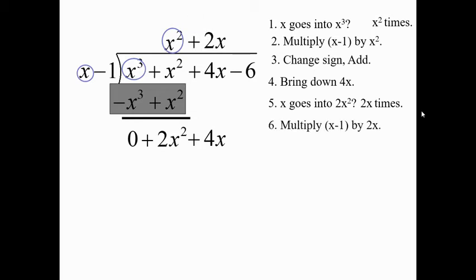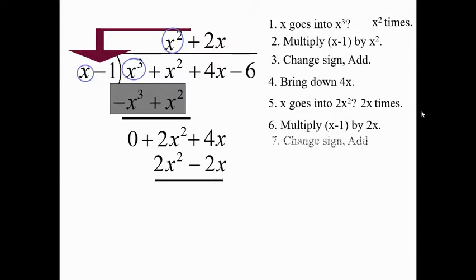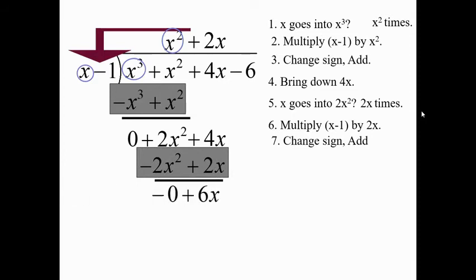Then we're going to multiply x minus 1 by 2x. All right, and when we do that, we're going to wind up with 2x squared minus 2x. Again, we change our signs and we add them. Okay, and this cancels out the 2x squares, and then we get 6x.